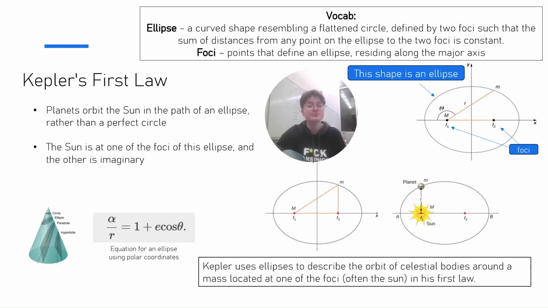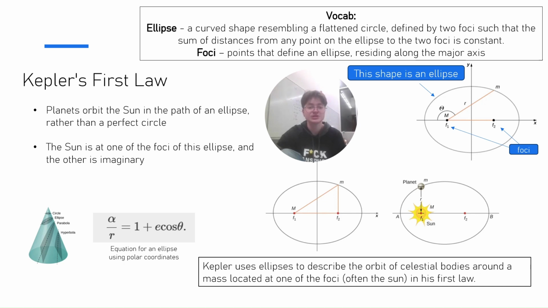Specifically, Kepler's first law is that planets orbit around the sun with the path of an ellipse rather than a perfect circle. And the sun is one of the two foci while the other one is imaginary. It's not necessarily imaginary, it's just not defined by a planet. You can see this in some of the diagrams down here.